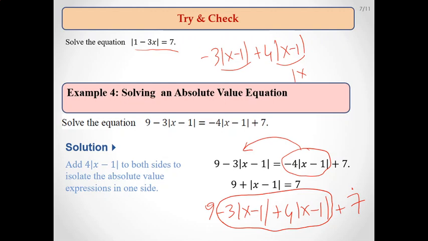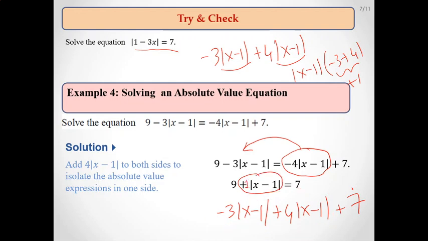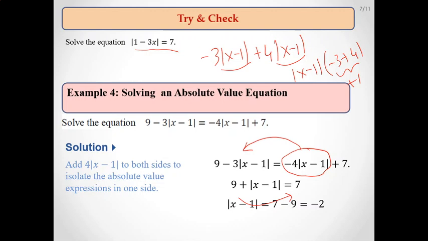So you say |x minus 1| times 3 plus 4, so it will be plus 1. So you write here plus 1 times |x minus 1|. And then the rest is just send 9 to the other side, and you end up with minus 2.